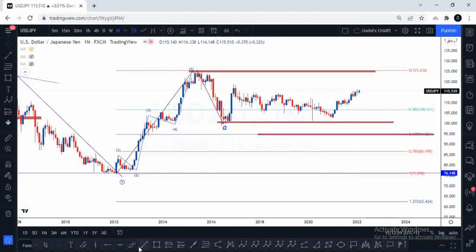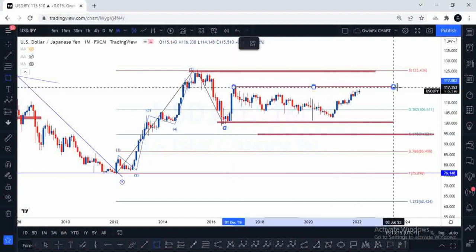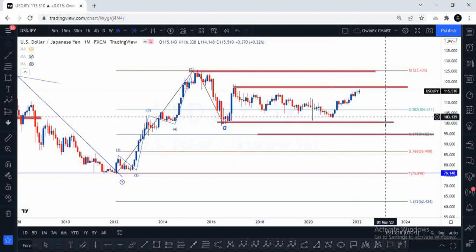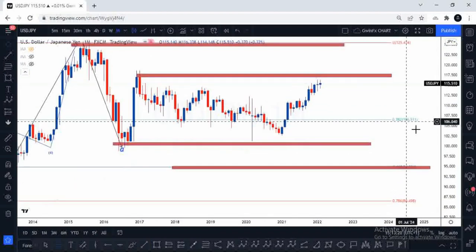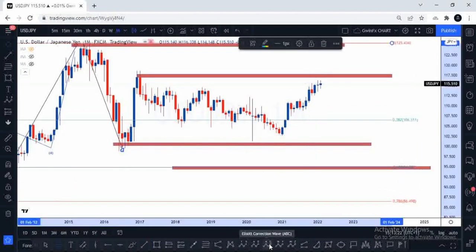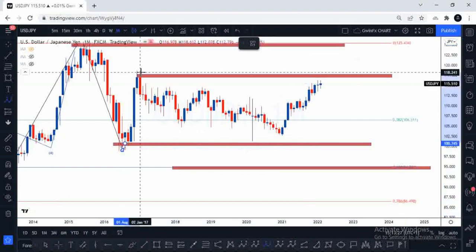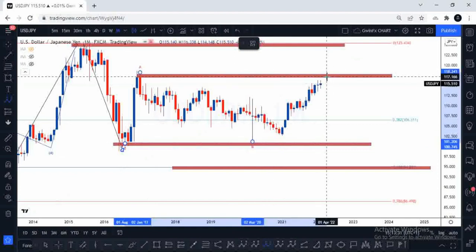Here I'm going to be looking at this territory. We had a very first impulse, which is our A leg, so what we could be working on is a possible A, B, maybe a C to create a B of a flat pattern. It's also a possibility. We could be working out an ABC structure: an impulse A, B right around here, then a C up there.